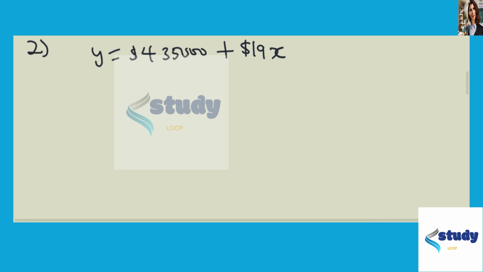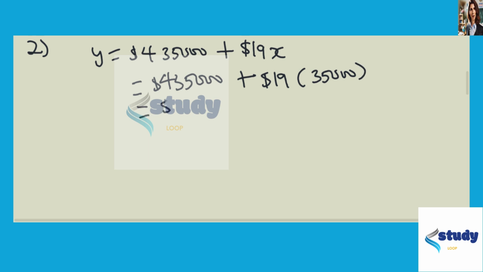So the total cost of 35,000 frames manufactured using this regression model would be 435,000 plus $19 multiplied by 35,000. This is going to equal 1,100,000, right? The following calculation will show the cost of a bicycle frame.